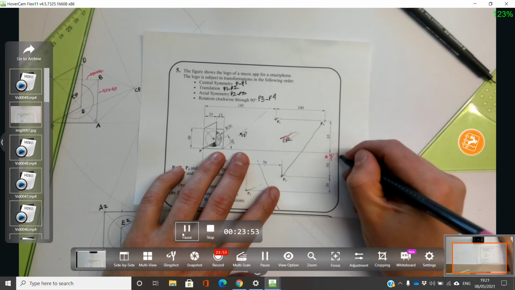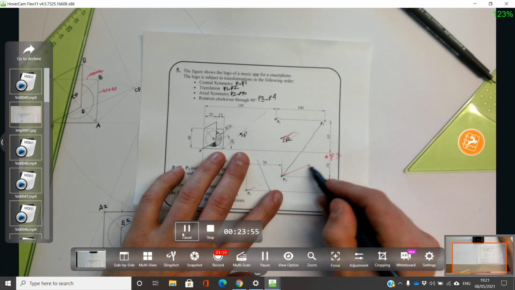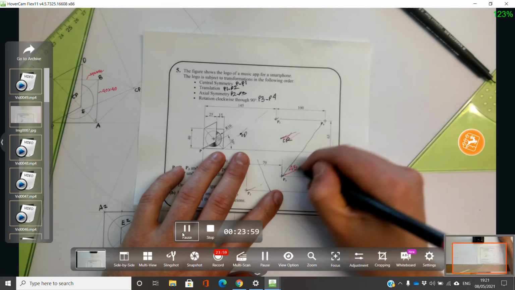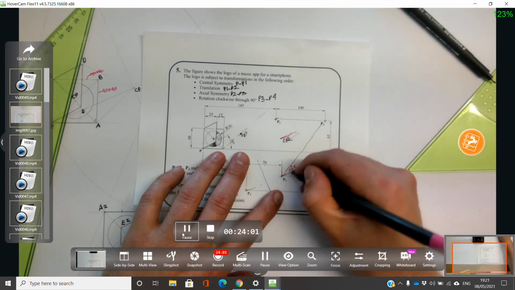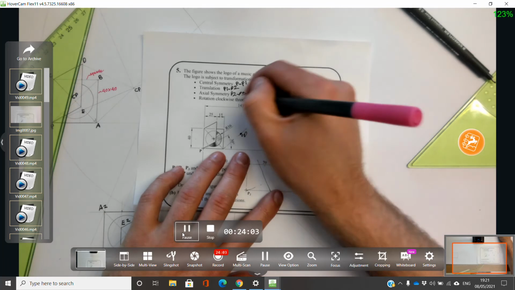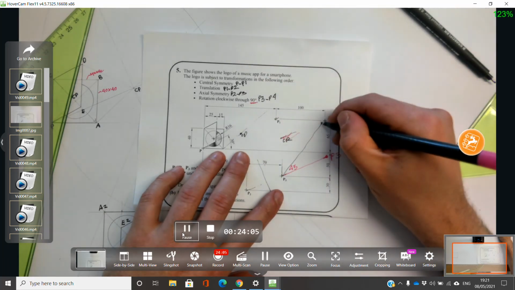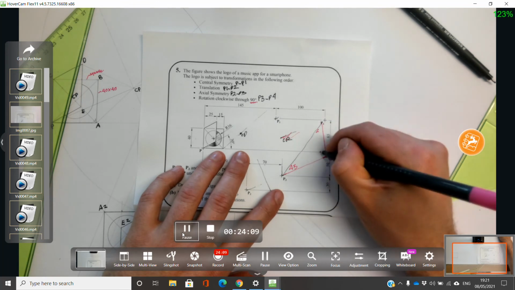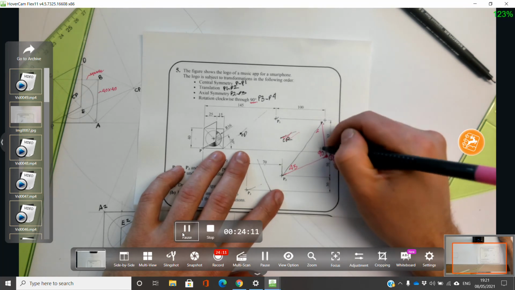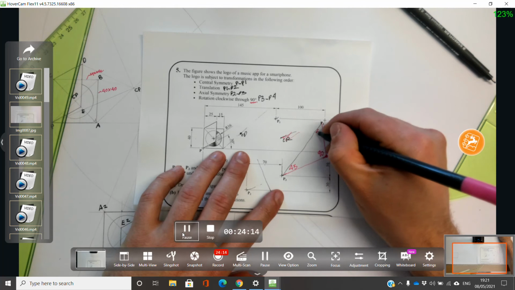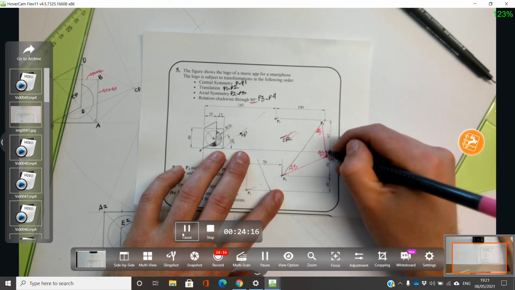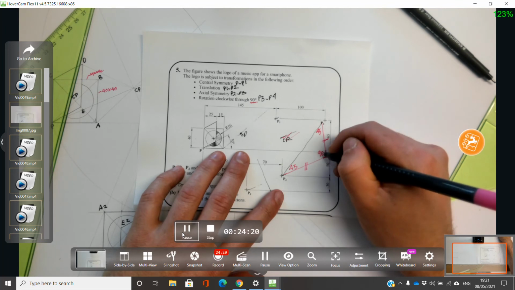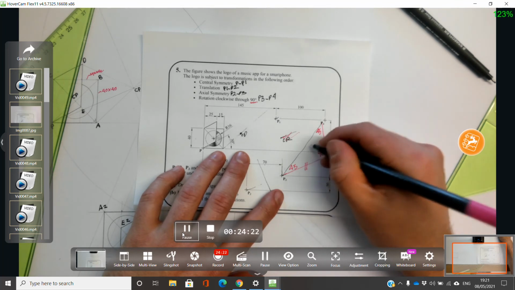So we're going to draw a line from P3 at 45 degrees to this black line, because the angle is 90 degrees. If here's the center point of rotation, the angle up here is 90, so 180 minus 90. These two lines are equal, it's an isosceles triangle, so 180 minus 90 divided by 2 gets you 45.